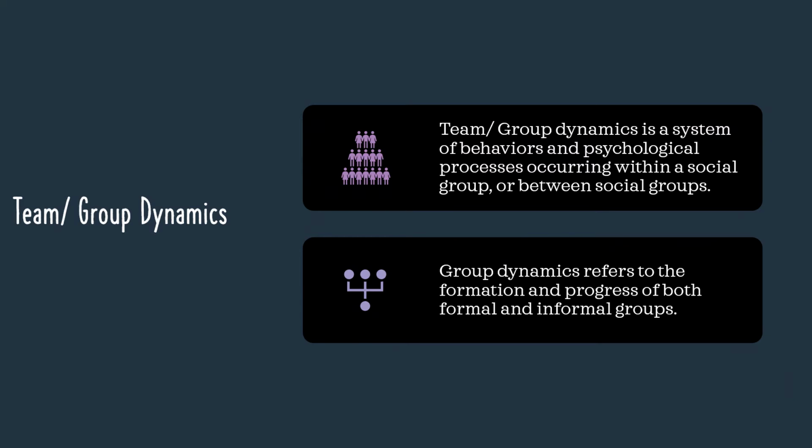Team or group dynamics is thus a system of behavior and psychological processes occurring within a social group or between different social groups. Group dynamics refers to the formation and progress of both formal as well as informal groups.